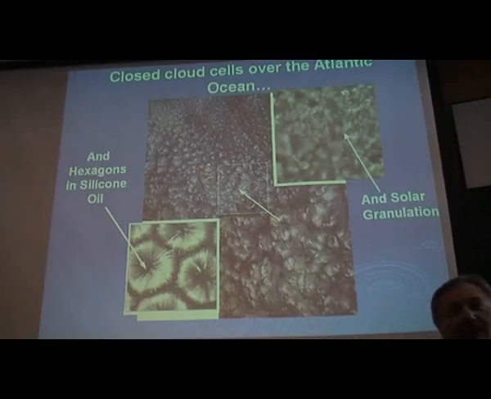In some sense it's an open question, and if you ask meteorological people why this is true, the answer is I don't know. So turbulent convection and laminar convection are not the same.